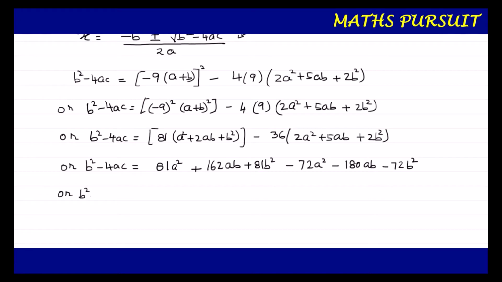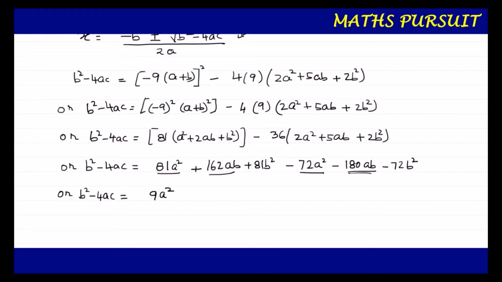Now let us further solve this. b^2 minus 4ac is equal to 81a^2 minus 72a^2. So 81 minus 72 is 9a^2. Then here it is plus 162ab and here it is minus 180ab.